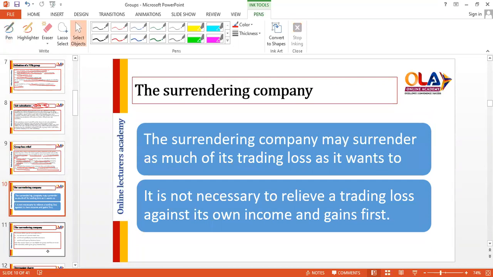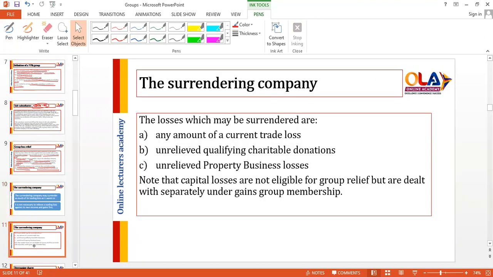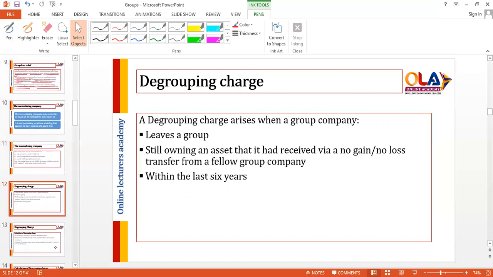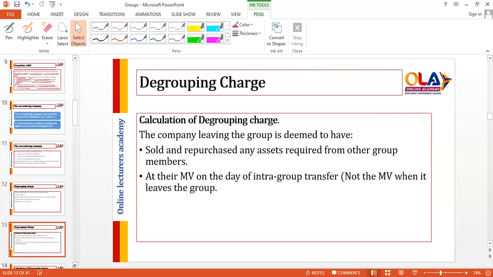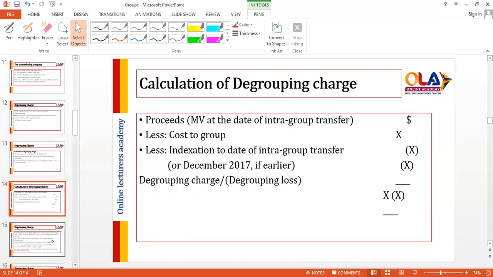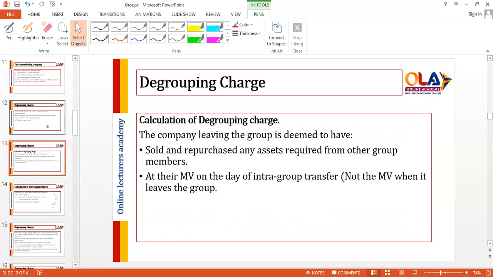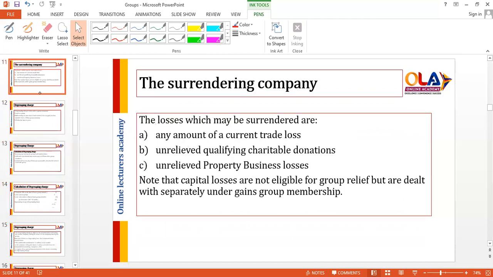Now, this is a rule for the surrendering company, how much it can transfer. You can check from your notes. And there is something like a degrouping charge as well. So if a company is in a gain group, then we have to apply this degrouping charge.